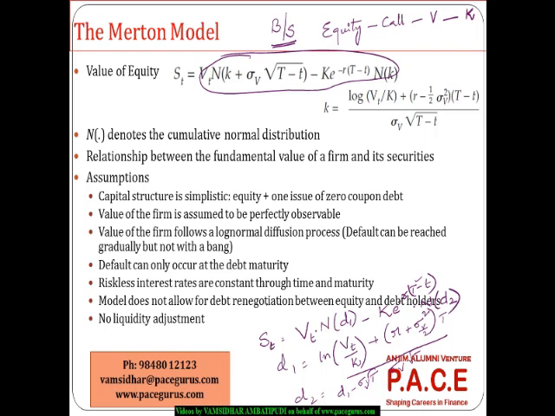So I can use this kind of formula to arrive at the value of the equity. N is the cumulative normal distribution, and this whole formula is trying to build a relationship between the fundamental value of the firm and its security.